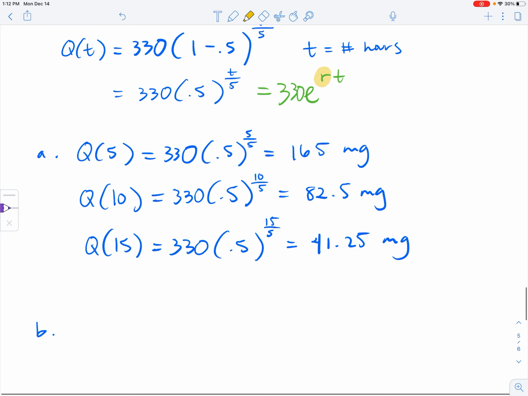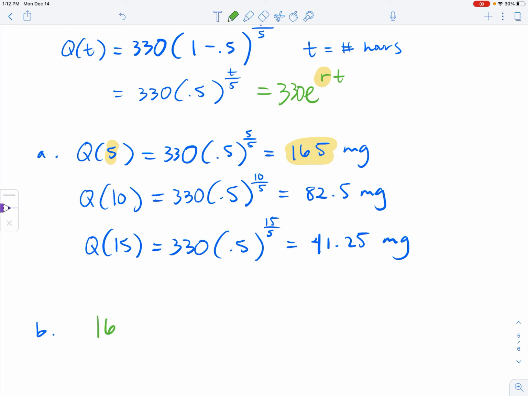So in order to do that, we're actually going to use one of the other data points that we found, like one of our answers from question A. We know that after 5 hours, there is 165 milligrams in our system.